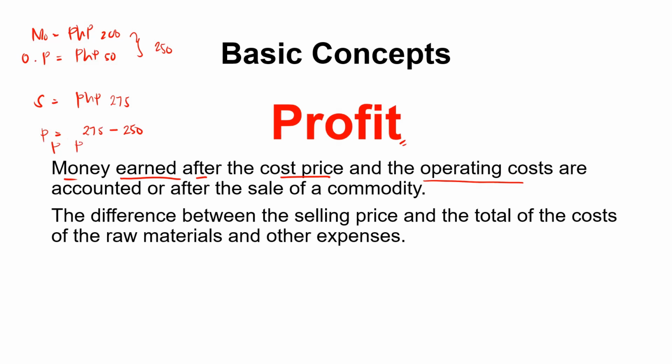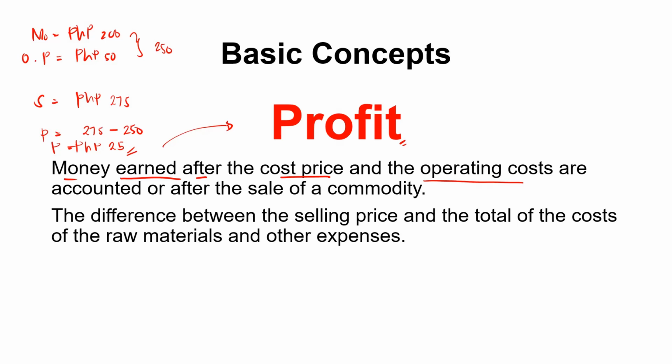Okay, and you will get 25 pesos. So meaning, si 25 pesos is yung profit, yung kinita mo, yung tinubo mo. Okay? Nalabas na doon yung ininvest mong 200 pesos sa cost price, labas doon yung ginastos mo sa pamasahe mo, sa pagkain mo papunta doon, sa pagkain mo habang nag-travel ka to Divisoria.